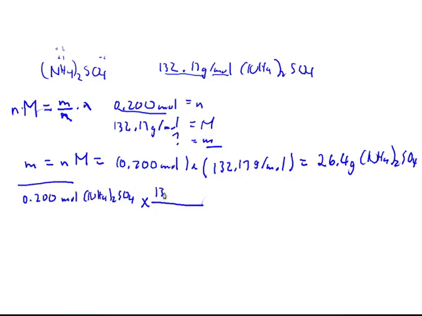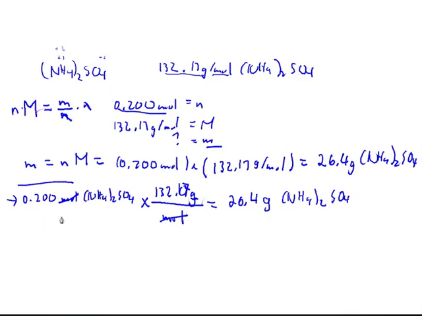So we write 132.17 grams over moles of ammonium sulfate, and see the moles cancels out, and we multiply that out, and that will give us also 26.4 grams of ammonium sulfate.